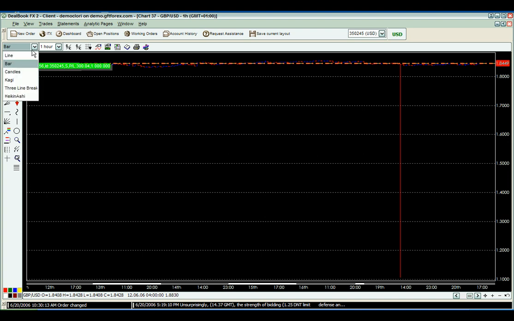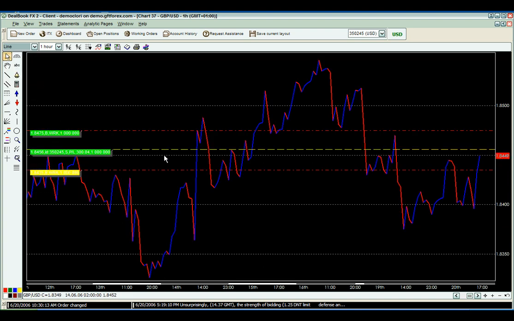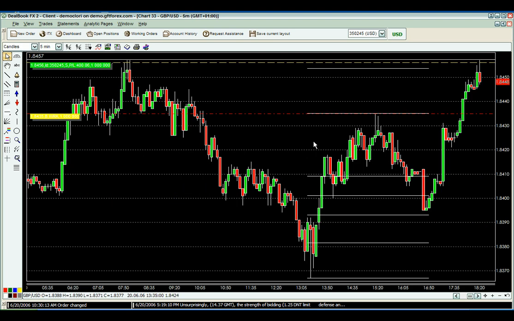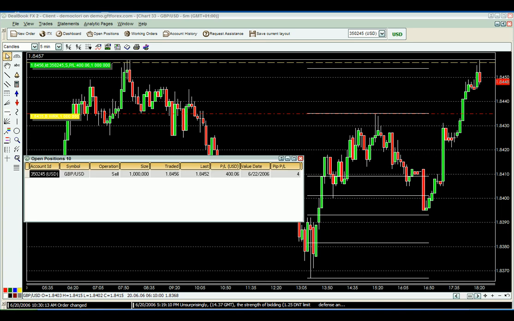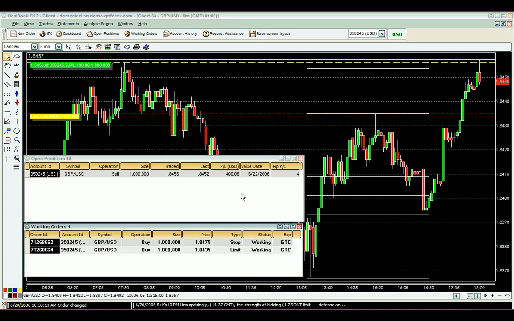We can't on the bar, but we can on the line chart. Not very viewer friendly. So we'll just go back to our 5-minute candlestick here, and watch our working orders. Now you see how price is now moving in our favor.